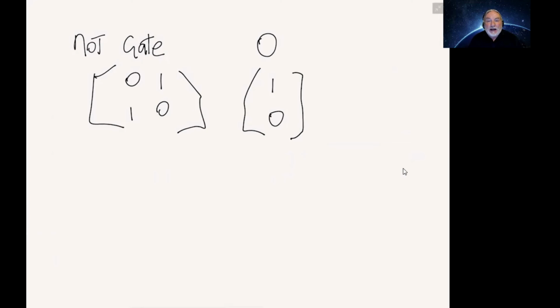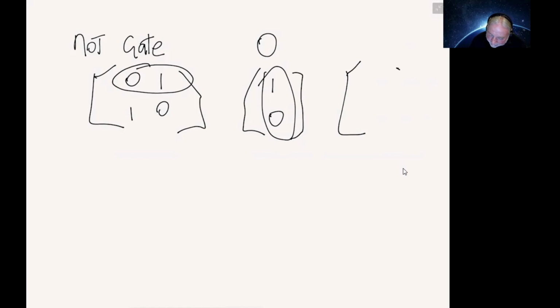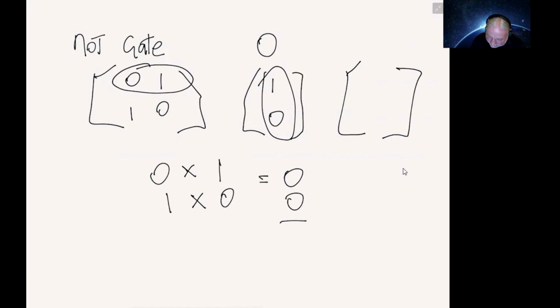Okay, so let's now actually multiply them together. And of course, what we do is we multiply the first row by the column, and then we put that into the result. So we have 0 times 1 plus 1 times 0, which is 0 plus 0, which is 0.